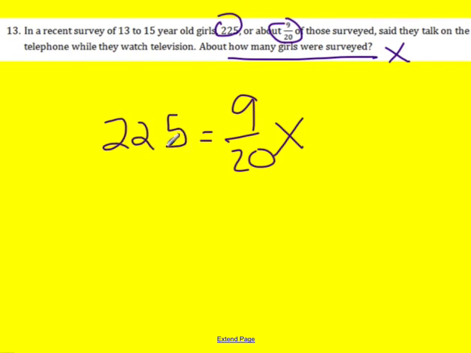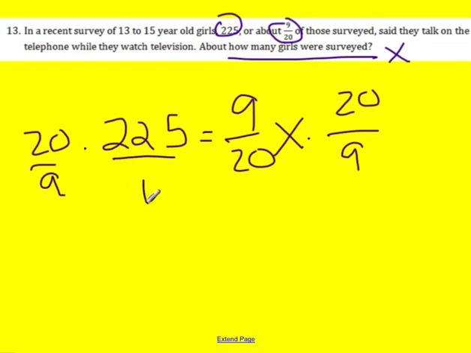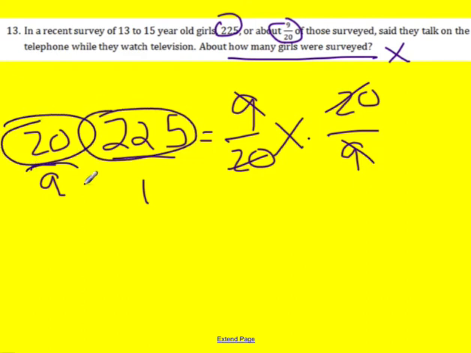So again, we have a fraction, 9/20. So what I need to do is multiply by the reciprocal. Again, whenever we have a fraction, we multiply by the reciprocal. So I'm going to have 225 times 20, and then divide it by 9.